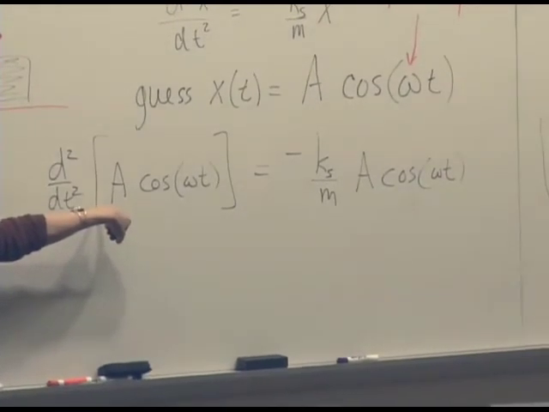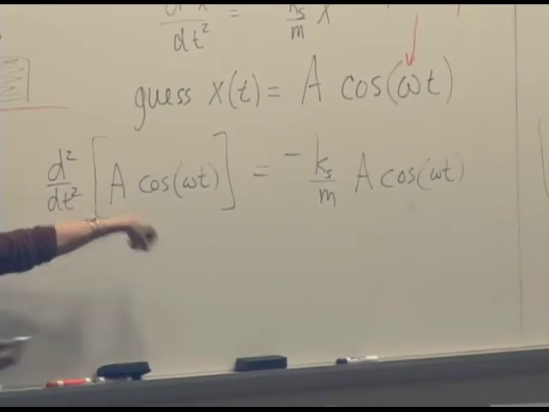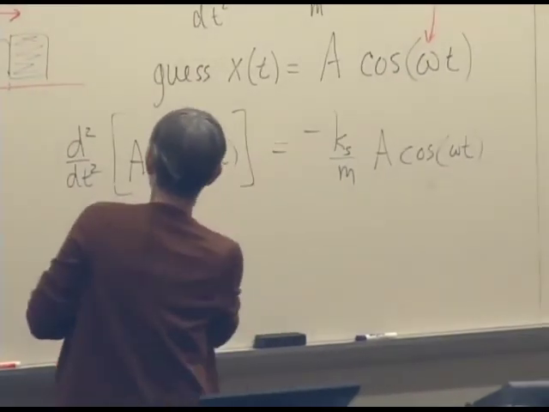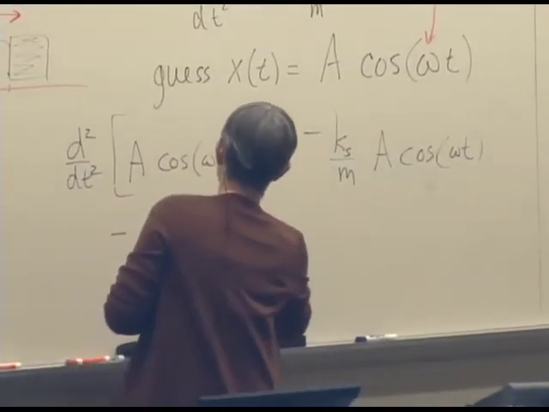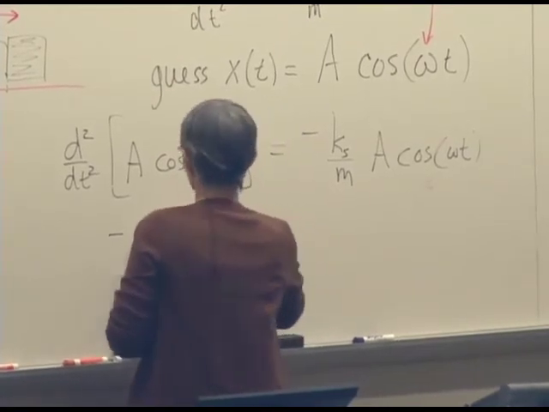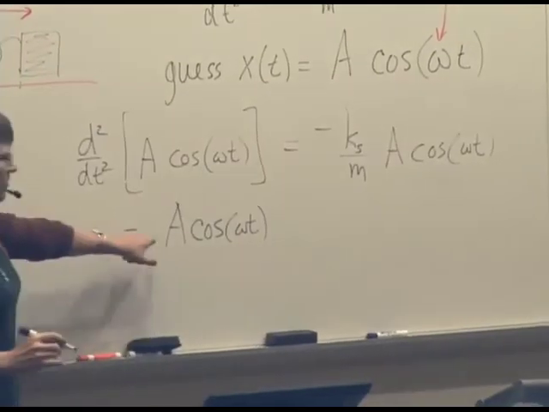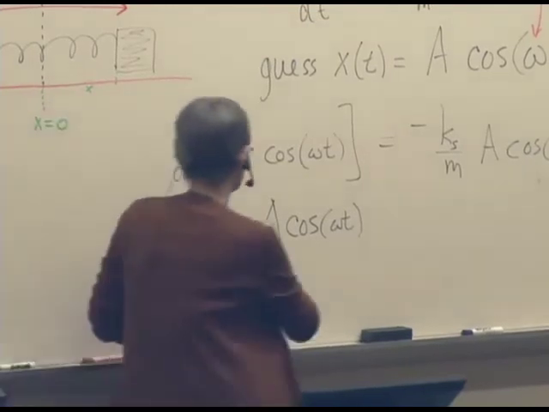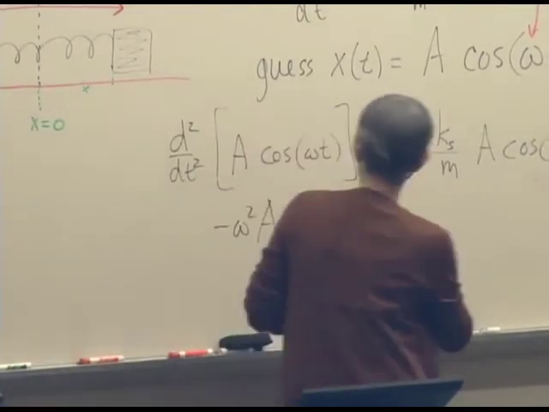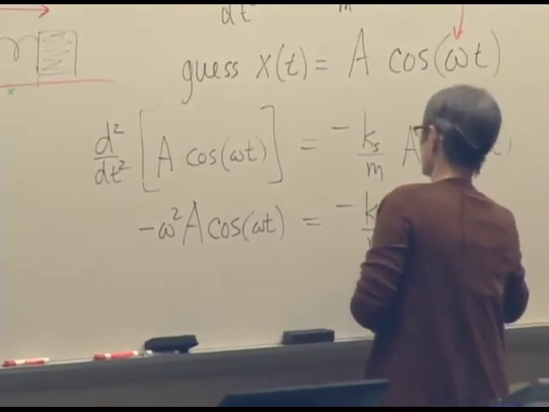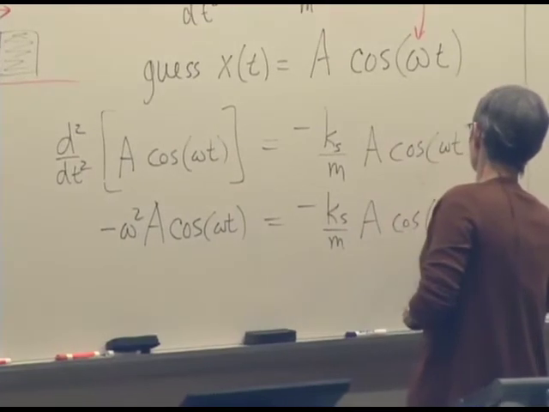So the first derivative, cosine is negative sine. Then we differentiate that again. We're back to cosine, so we have this minus, we're back to cosine omega t. A is a constant. And there's one other piece: omega squared. Right. And that's equal to minus k sub s over m, A cosine omega t.